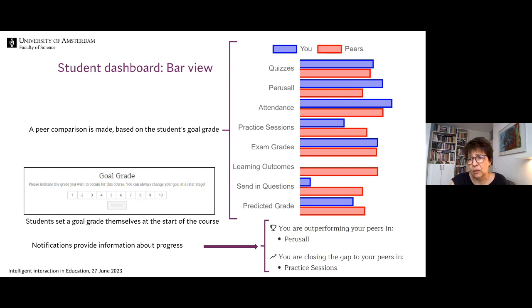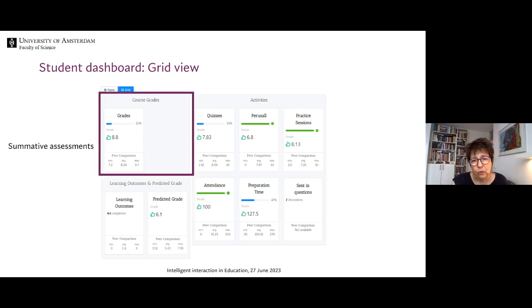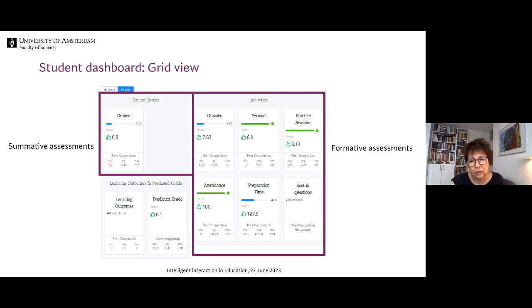The student has a dashboard, kind of a grid view, so you can see grades of the summative assessment. You can see formative assessment, and the student can see learning outcomes and the predictive grade.